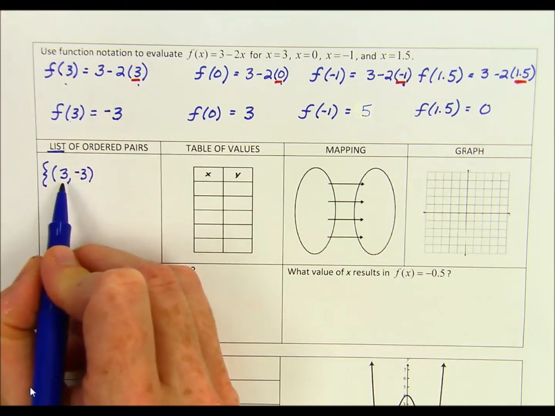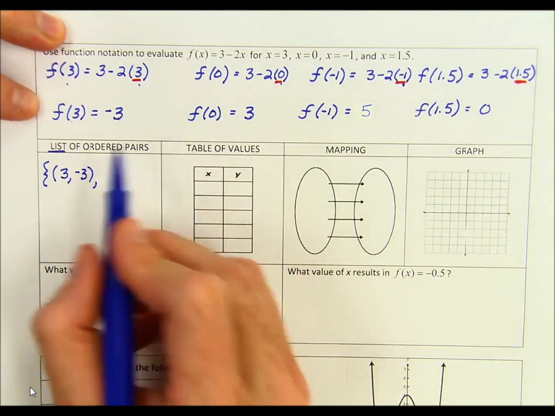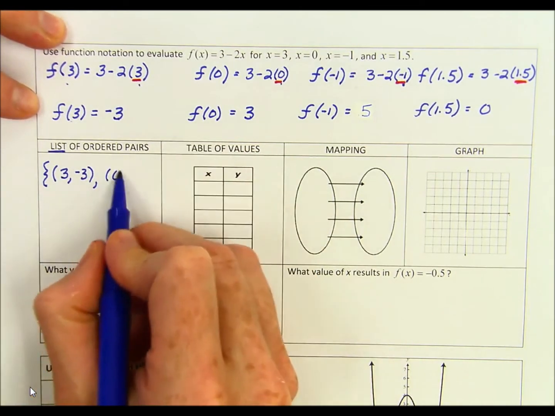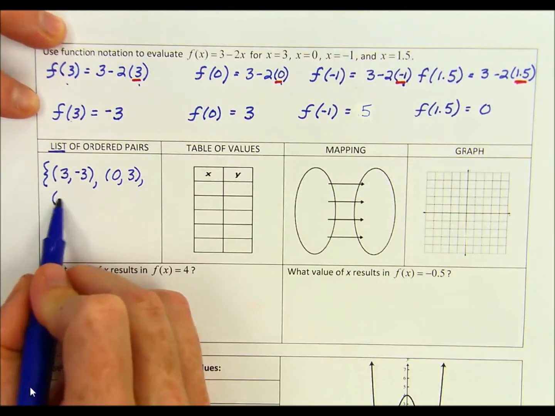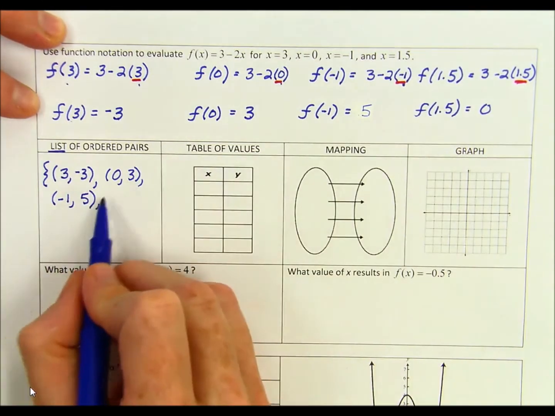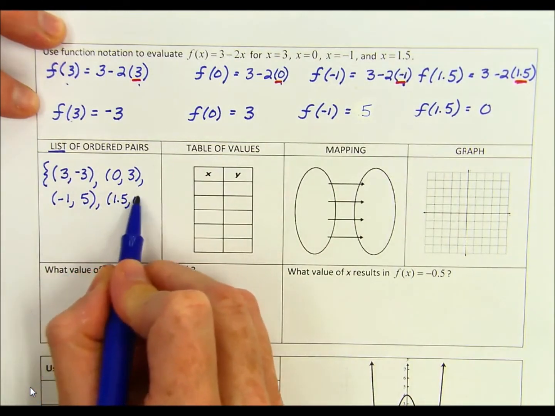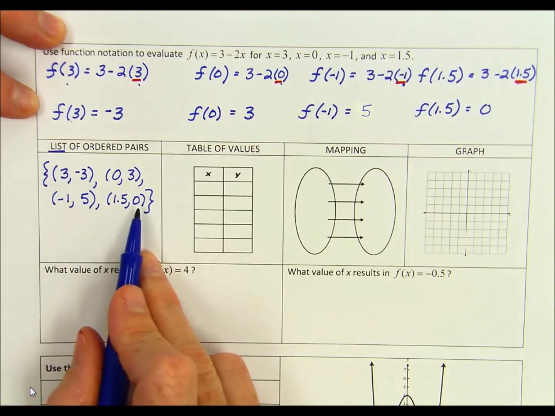So my first ordered pair is going to be (3, negative 3). The second ordered pair will be (0, 3). The third ordered pair will be (negative 1, 5). And the last ordered pair will be (1.5, 0). And that is the list of ordered pairs.